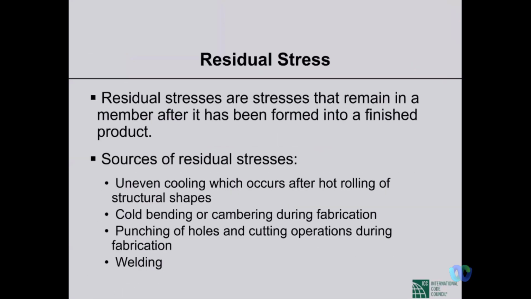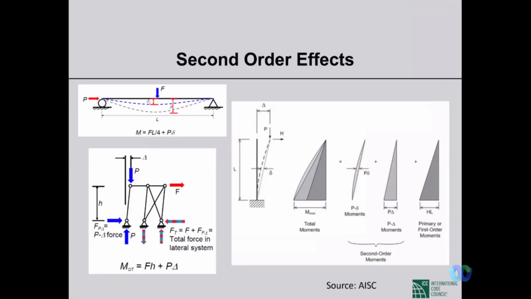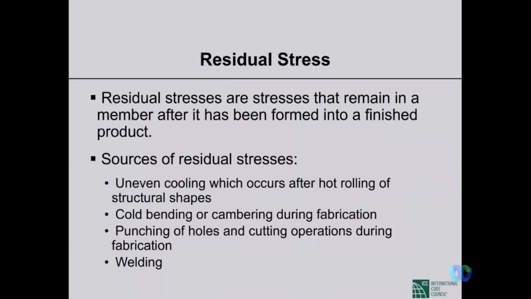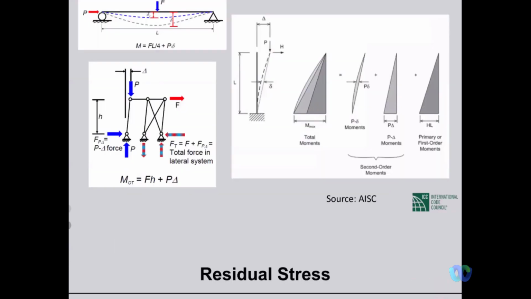Now we'll discuss a little bit more about how these things can be considered in our analysis and in the design too. You remember we talked about the stability design requirements.